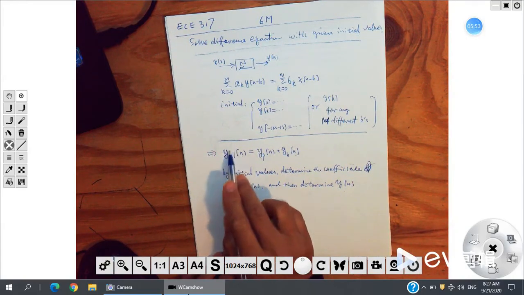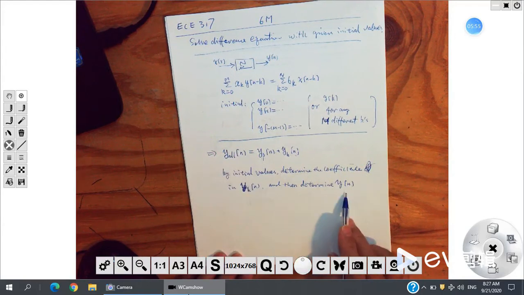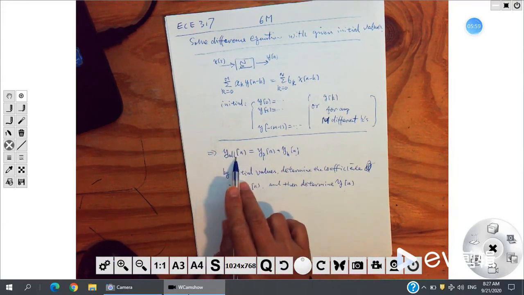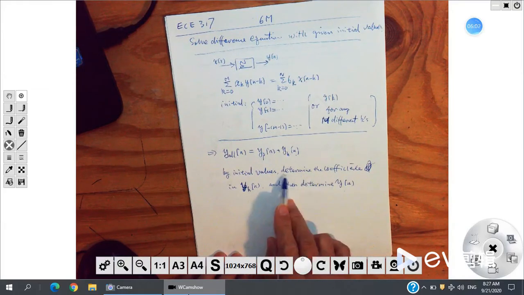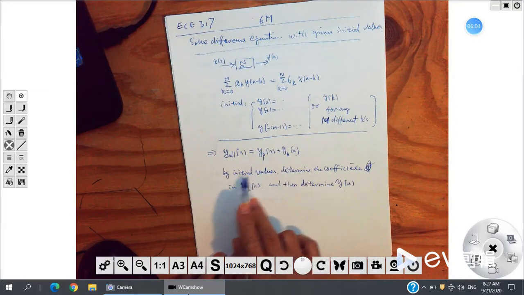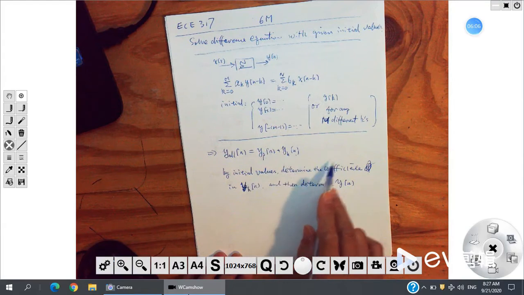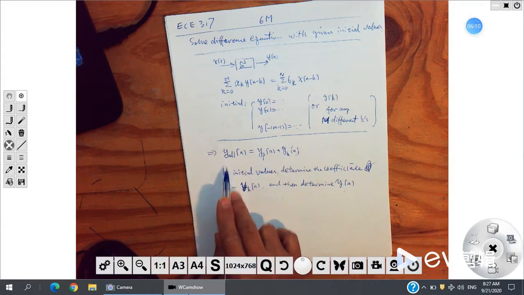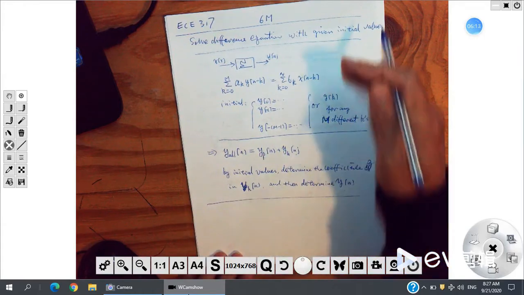Here you have infinitely many choices, and this is one of them. It is obtained from y_r by satisfying the initial values, so you can determine the unknown coefficients in y_h, and so you can determine y. Right. Okay, so this is the whole process.